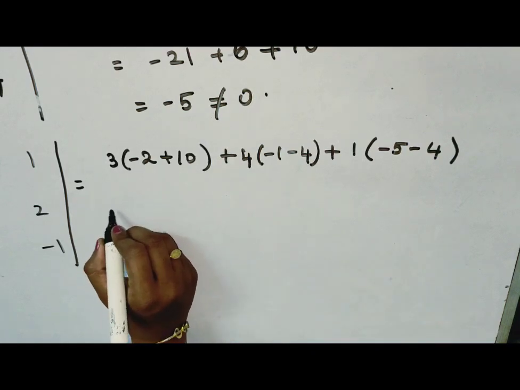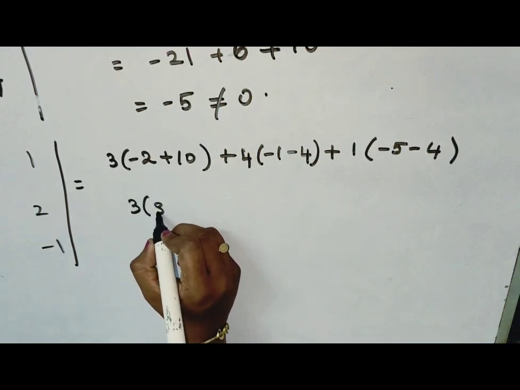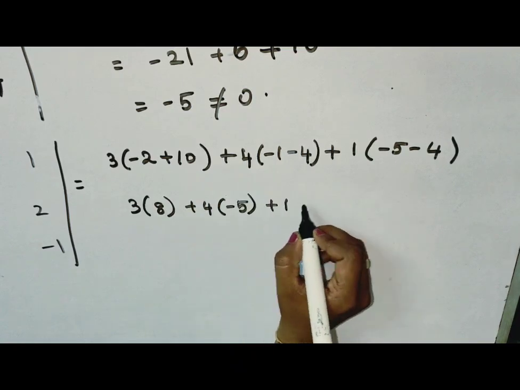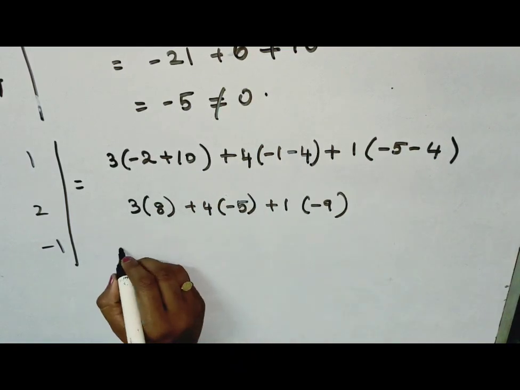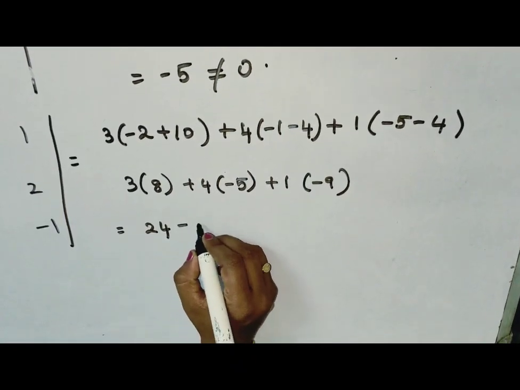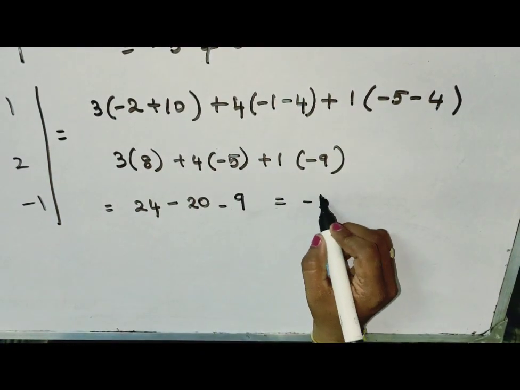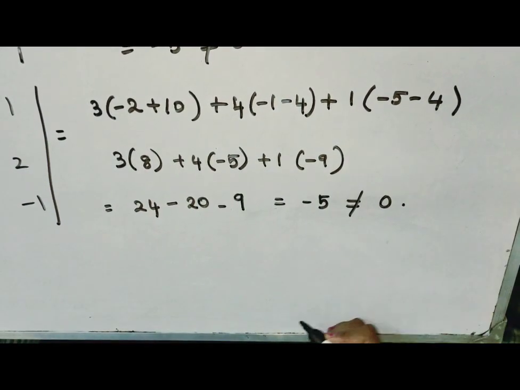So next is 3 into 8 plus 4 into minus 5 plus 1 into minus 9. 3 eights are 24 minus 20 minus 9, which equals minus 5. This value is also not equal to 0.